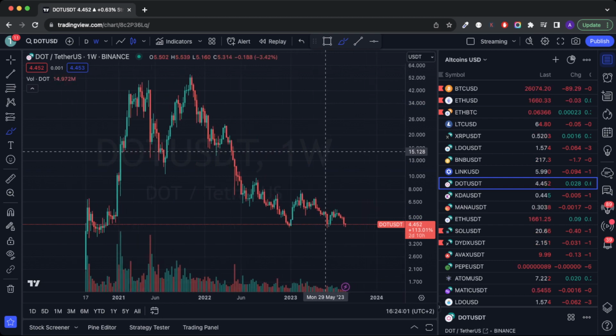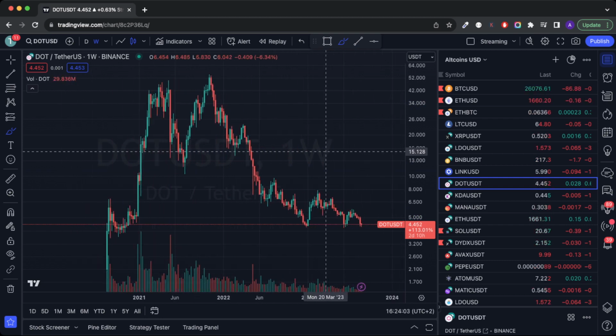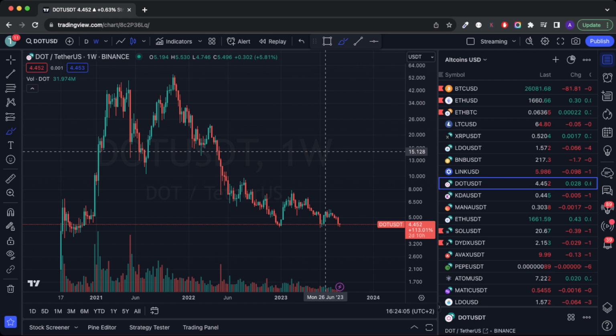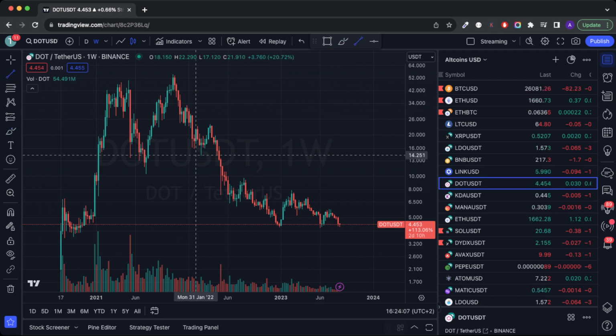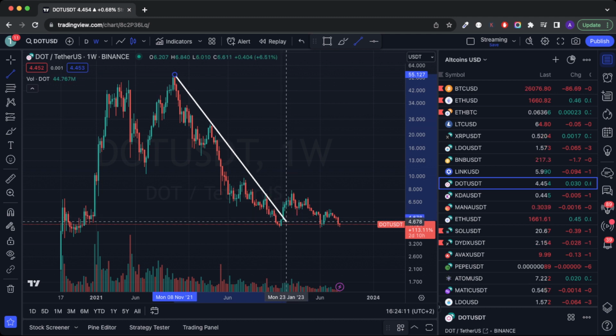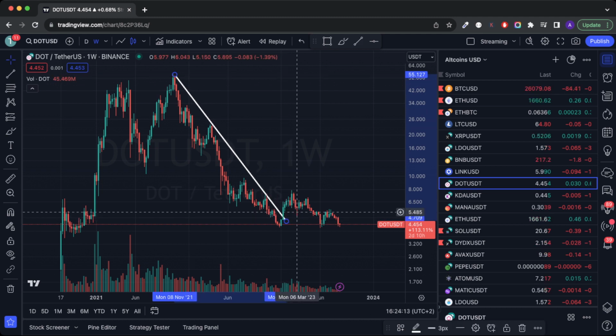Dot. I really like what Polkadot is doing with everything. They have some issues in general, but I think they're quite strong. They're building really strongly. I became quite bullish here, but it failed to materialize.